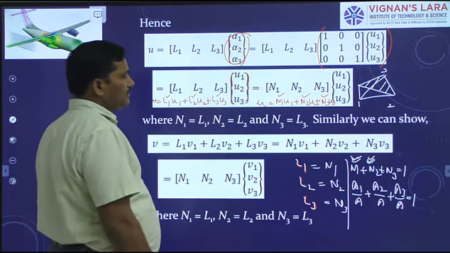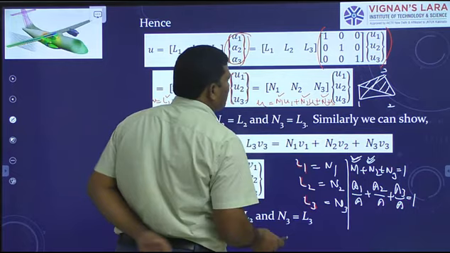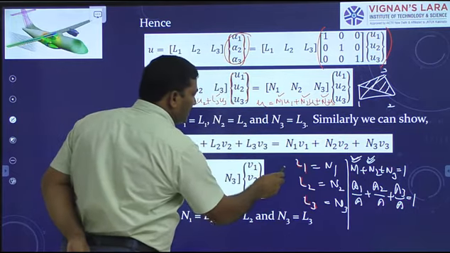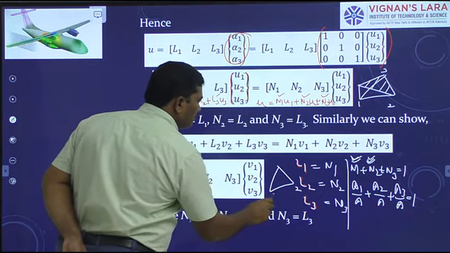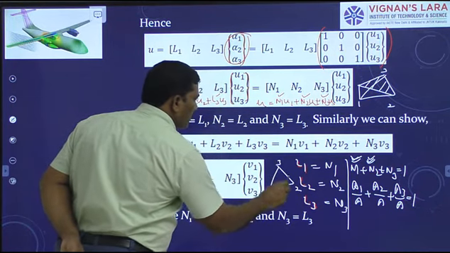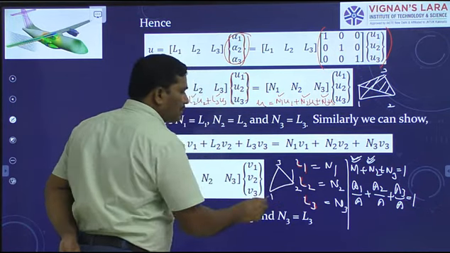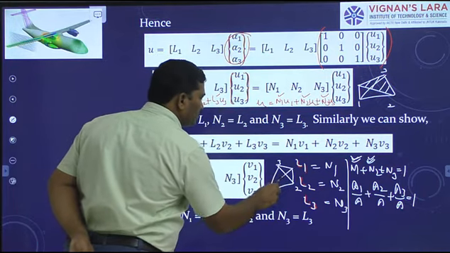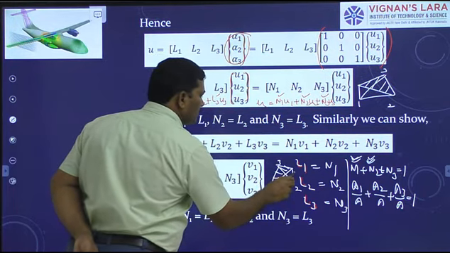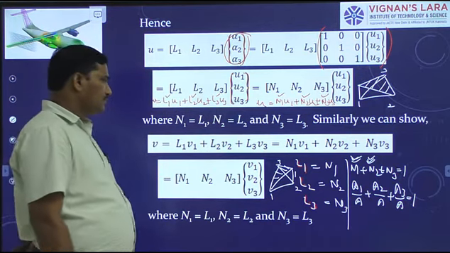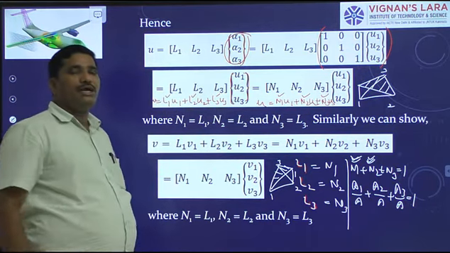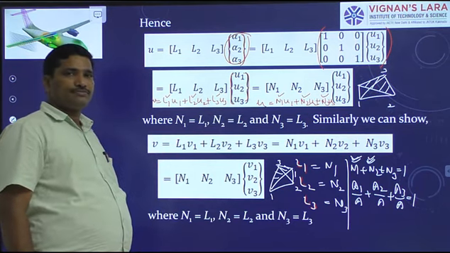For the variation of the shape function N2, again I take a CST element like this, with node 1, node 2 and node 3. N2 is unity at node 2 and it is 0 at the other two nodes.